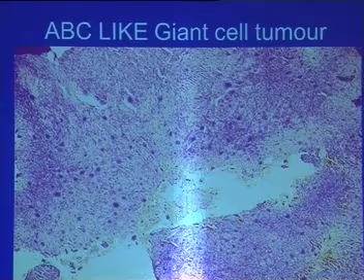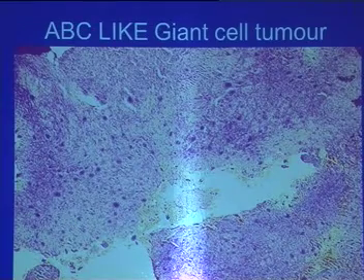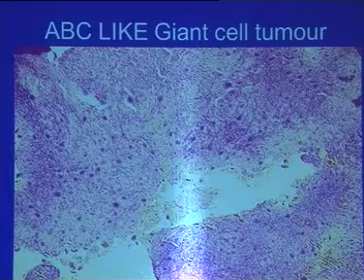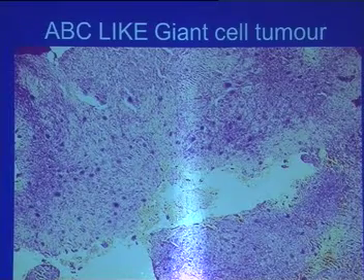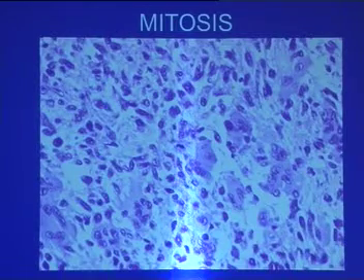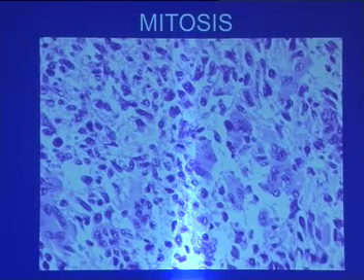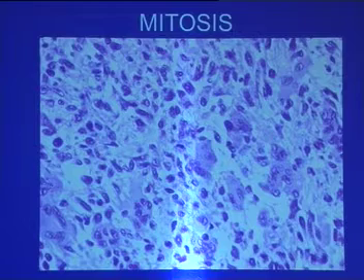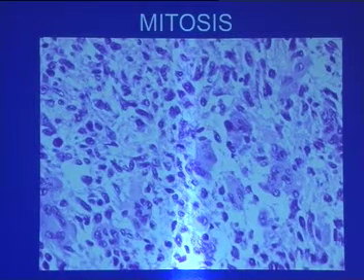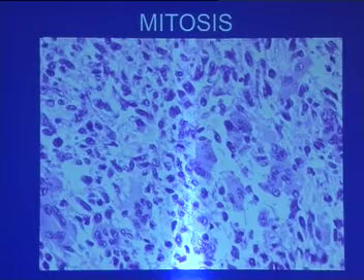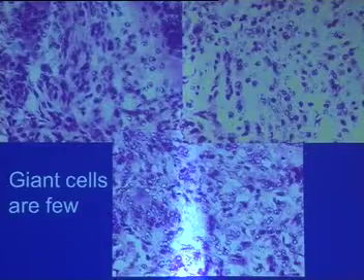And they can have aneurysmal bone cyst-like areas or what look like true aneurysmal bone cyst foci. Mitoses are not at all uncommon, and the maximum mitoses which are acceptable is about 15 or even 20 per 10 high power fields. But the presence of mitoses does worry a pathologist.